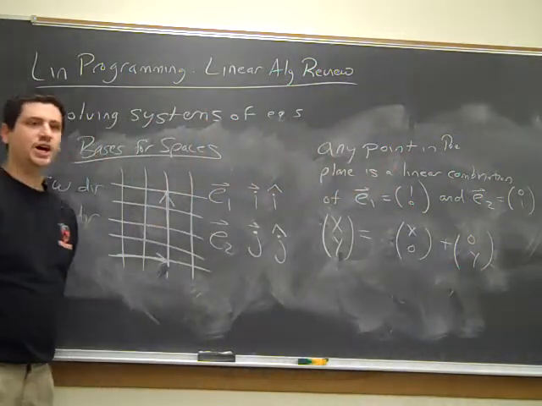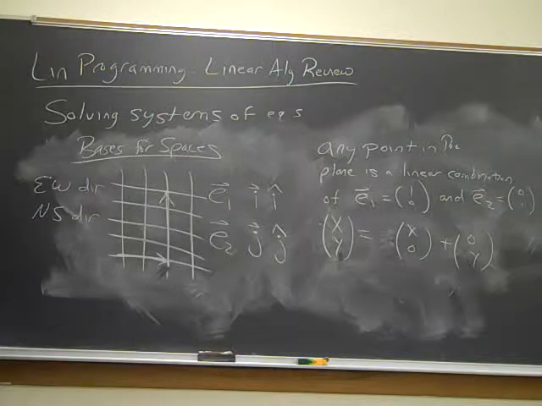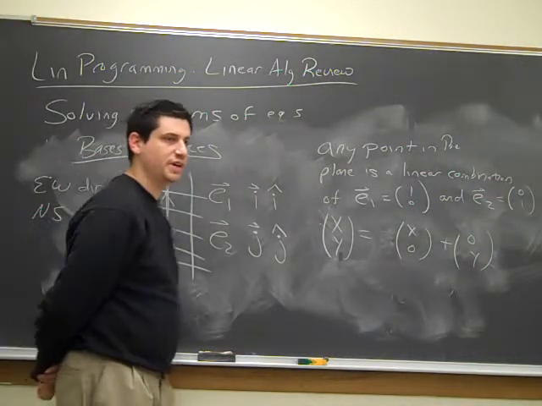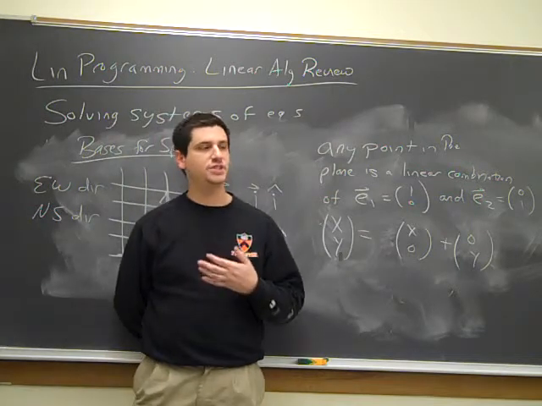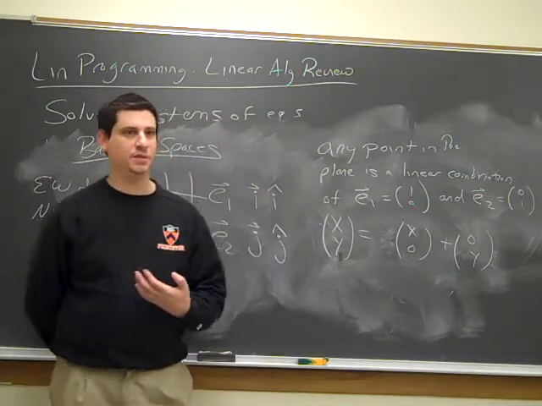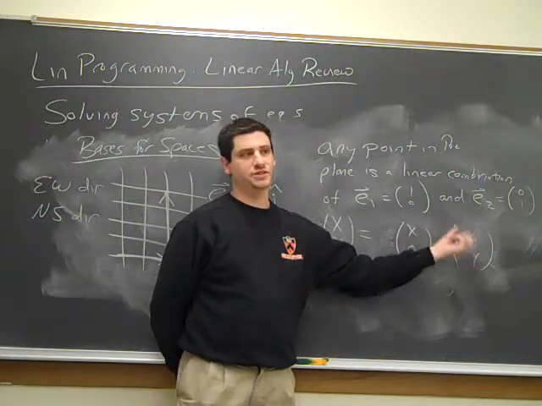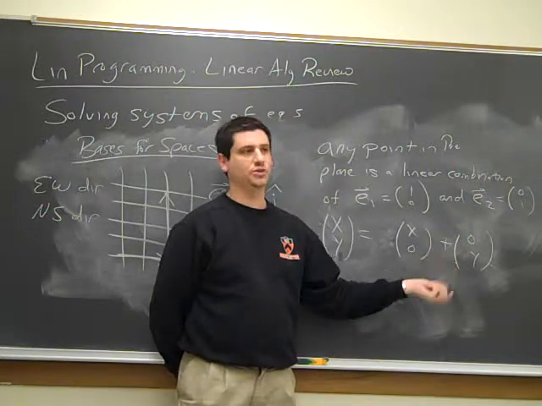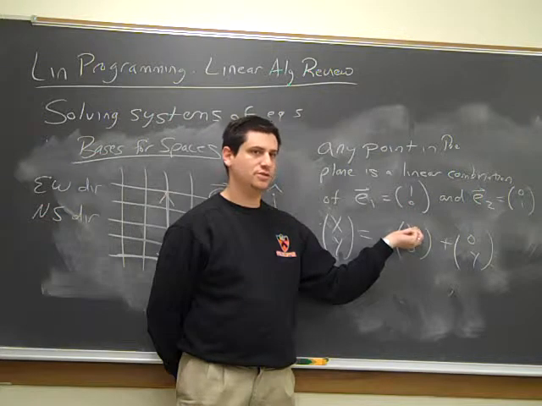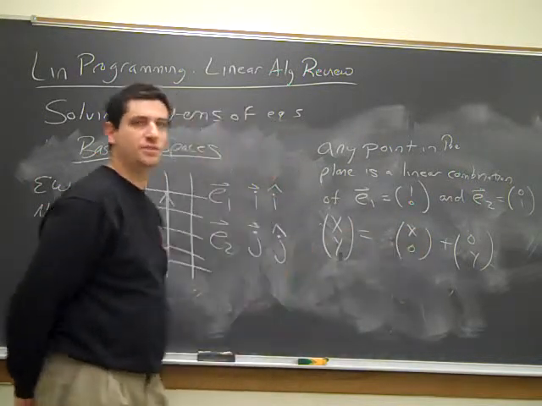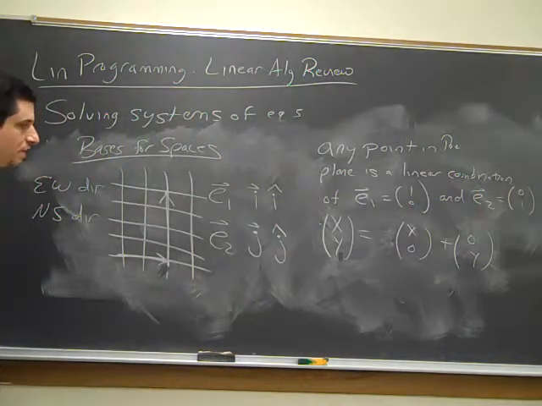Since I'm assuming everybody has had multivariable calculus, I'm assuming some familiarity with vectors and vector notation. If I'm ever using something you haven't seen, please let me know. What we're saying here is the sum of two vectors is just adding them component-wise. This is how much I have in the east-west direction, this is how much I have in the north-south direction, and the sum is where I am total.